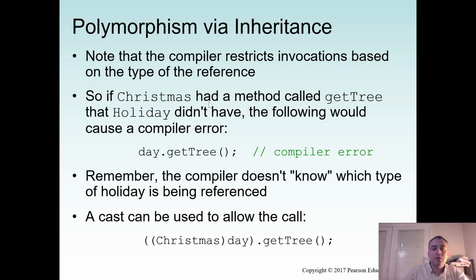Because Holiday does not have this method, this will be an error even if your day is actually an instance of Christmas. The way to do it, if your day is actually referring to Christmas but was declared as a Holiday, is to cast first and then call the method.